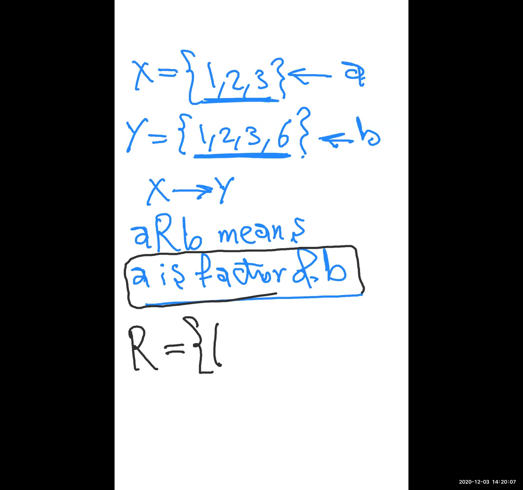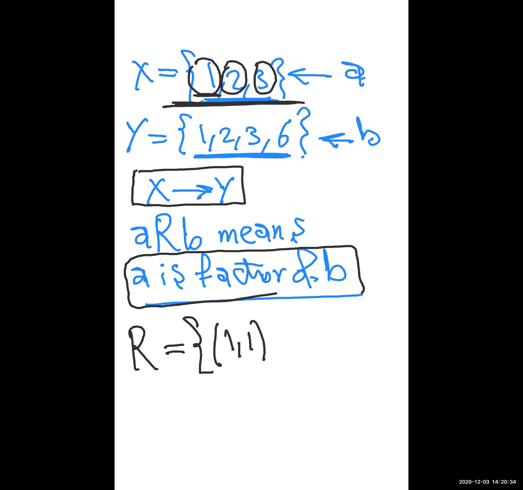So the relation here is from X to Y, so I have to start with X. X equals 1 and 2 and 3, so I have to check the 3 elements. 1 first. 1 is a factor of 1, yes, of course, so 1 and 1. Then 1 and 2: 1 is a factor of 2, yes, because 2 equals 2 times 1.